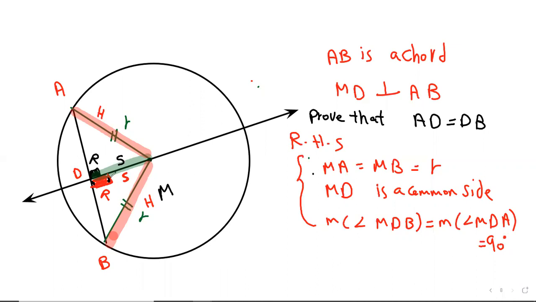So again, we have two right angles in both of them, two equal sides because they are two radii in the circle, and a common side. That leads to two congruent triangles. And from congruency, BD equals DA. So D is the midpoint of AB.